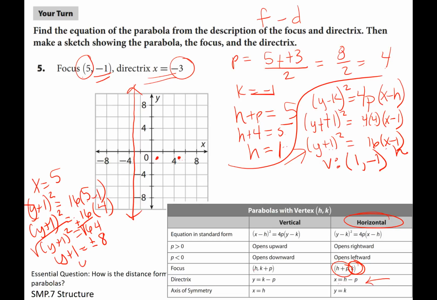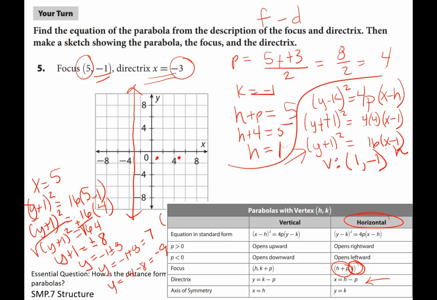So y equals, we're going to subtract the 1, so it's -1 plus or minus 8. So y equals -1 plus 8, and y equals -1 minus 8. -1 plus 8 is 7. -1 minus 8 is -9.